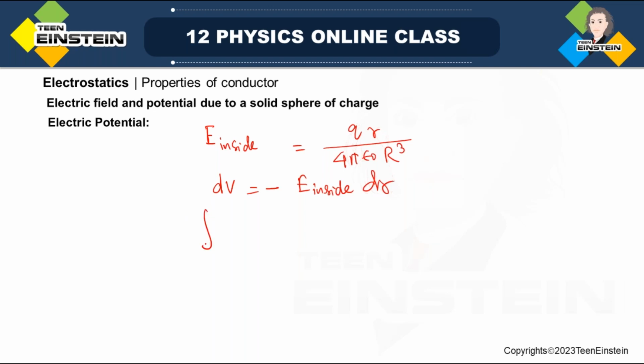We'll take the integration limit from the surface to any point inside, R to small r, and this is Q r by 4 pi epsilon naught R cube dr.